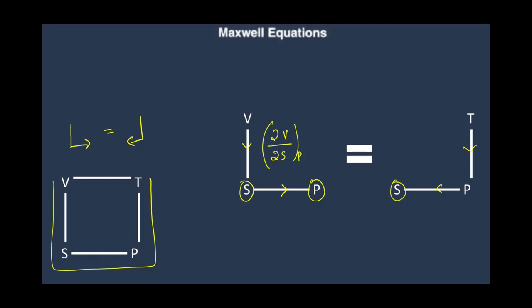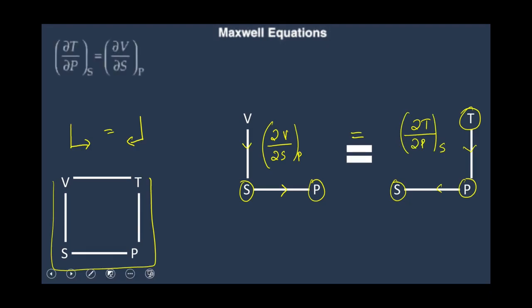Like here, here it is T, so dou T, by here it is P, so dou P at constant entropy. So we get the first set of equations, which is the same. As you can see, dou T by dou P at constant entropy is equal to dou V by dou S at constant pressure.